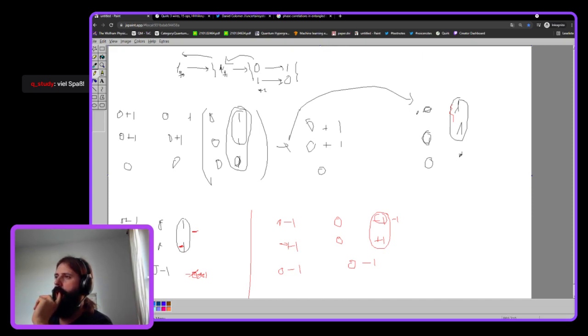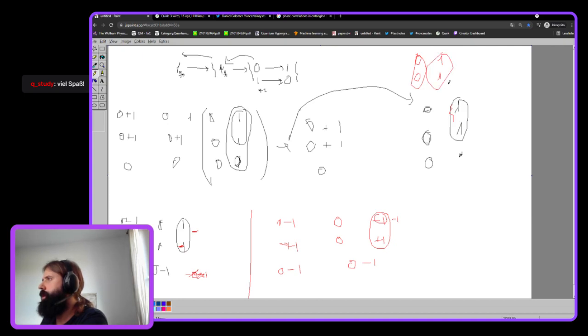But that's fine. But you really want the Bell state to be built like these, right? You must have the Bell state built like that.